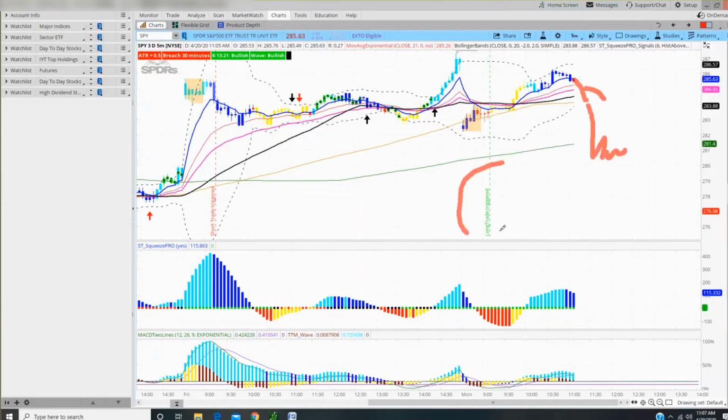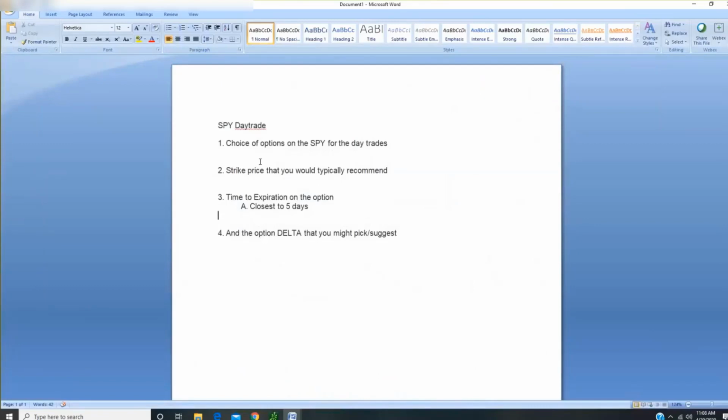But in the morning, let me repeat, I only trade the direction of the breach. Then I'm looking for a consolidation. Give me a squeeze, just like I teach in my video lessons. And then the choice of options, call or put, depending on the breach. Strike price, first strike in the money around a 50 delta, and I like the closest to 5 days to expiration.